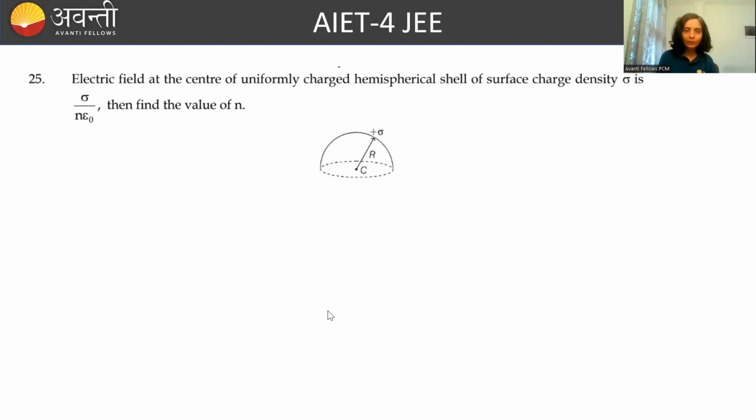So now let's do the very last question, not of your paper, but of this discussion. Electric field at the center of a uniformly charged hemispherical shell of surface charge density sigma is what? Done.